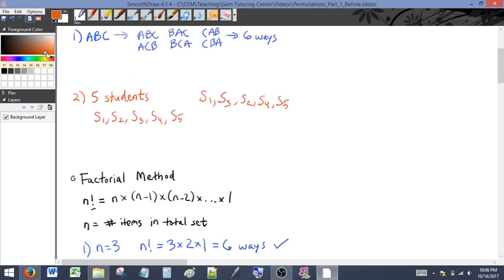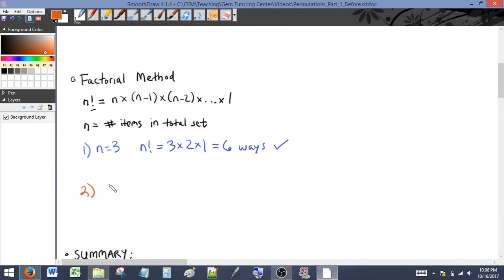So let's try that. For the 5 students, n equals 5. So n factorial is 5 factorial, which equals 5 times 4 times 3 times 2 times 1, and that is equal to 120.